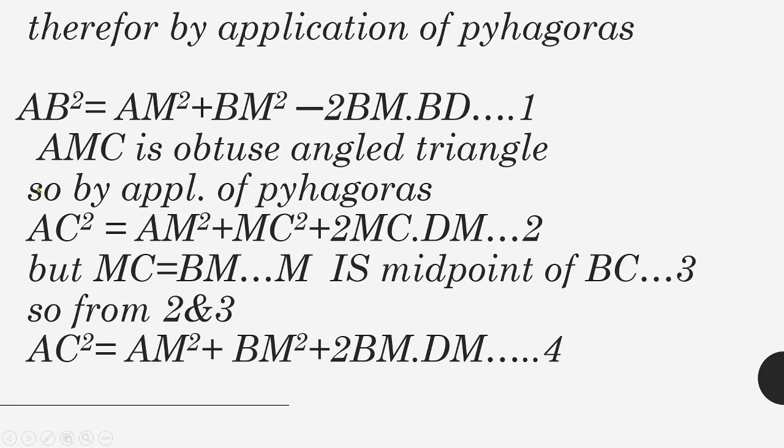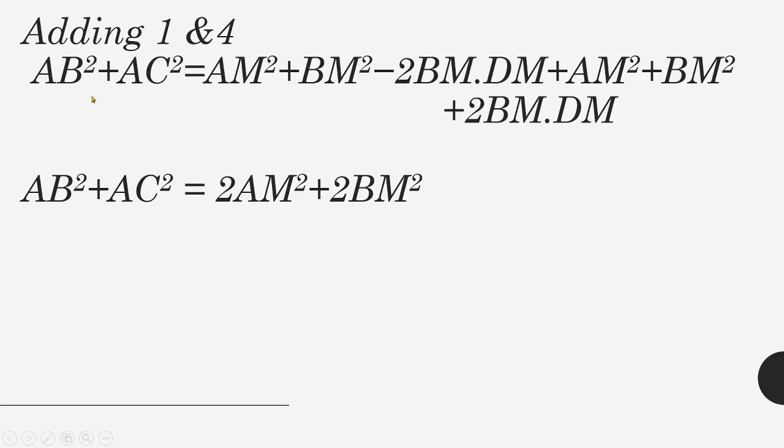So first add the LHS and then the RHS. You get AB square plus AC square is equal to AM square plus BM square minus 2BM into DM plus AM square plus BM square plus 2BM into DM. Minus 2BM into DM and plus 2BM into DM both get cancelled.